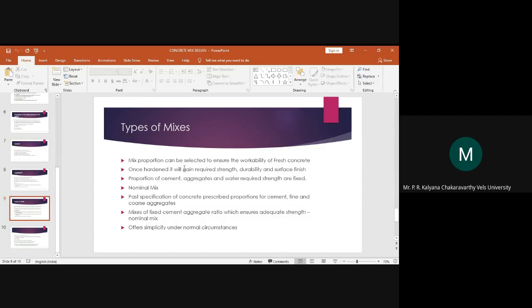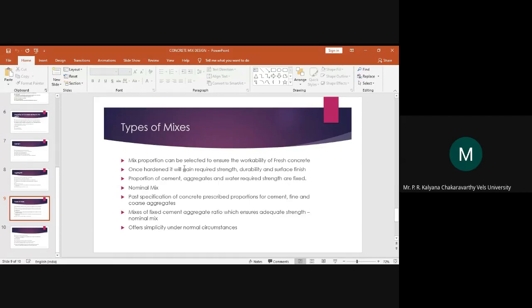There are two mixes we majorly go for: one is nominal, another is design mix. There is another mix called standard mix. Totally three, two are main. Nominal mix is a fixed specification of concrete, with prescribed proportions of cement, fine aggregate, and coarse aggregate.